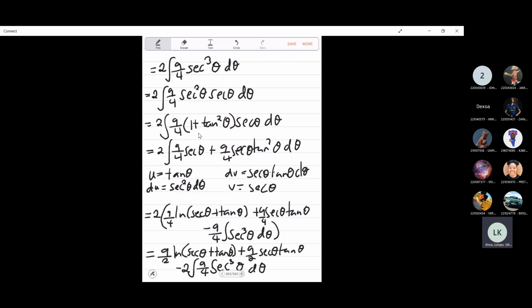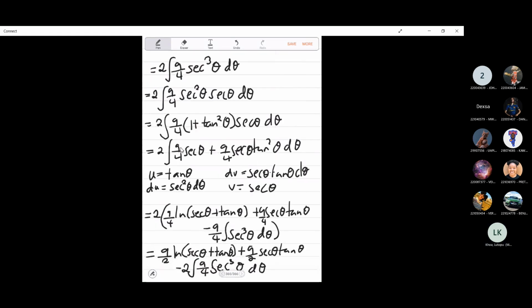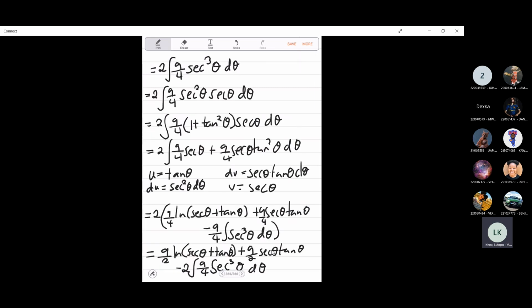So what I have will be 4 integral 9 over 4 sec to the power of 3 of theta d theta. This is equal to everything else that we have here, 9/2 ln of sec theta plus tan theta, and then 9/2 sec theta tan theta.